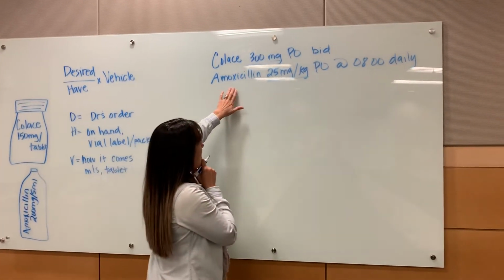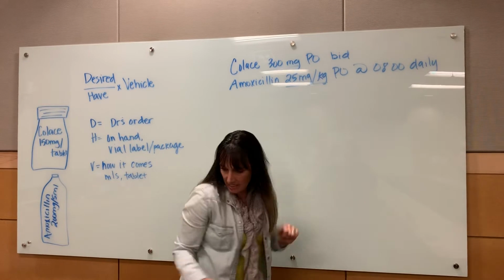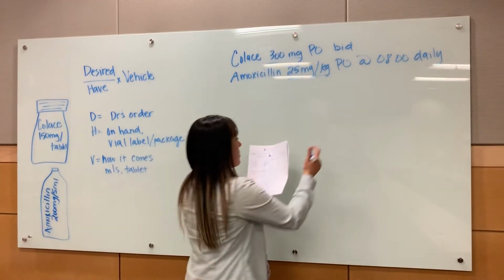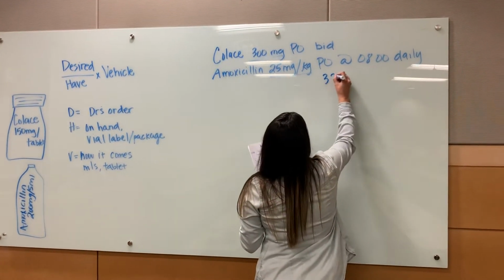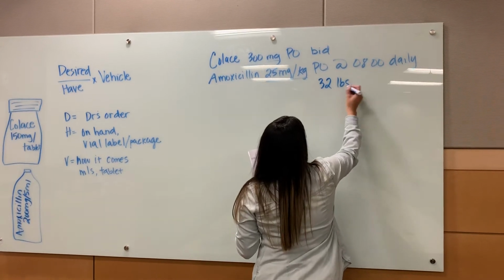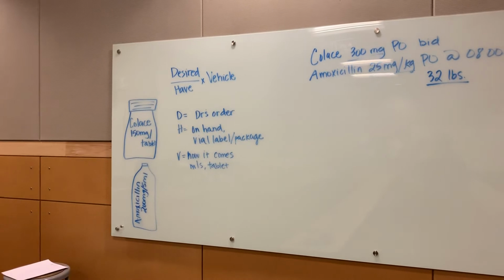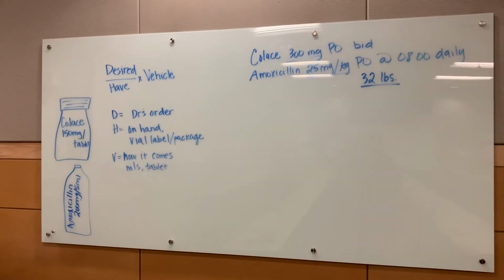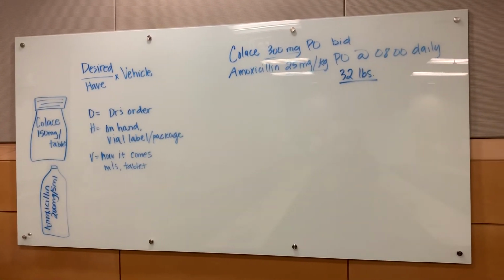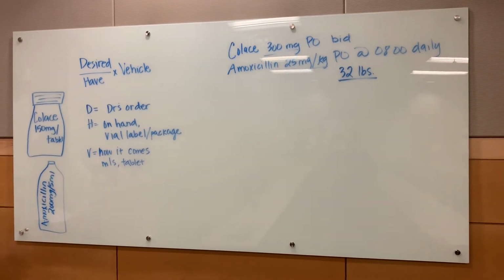Okay, so I need a little more information here. This patient's weight is 32 pounds. Okay, let me get a little piece of paper. Maybe not. Oh, here it is.